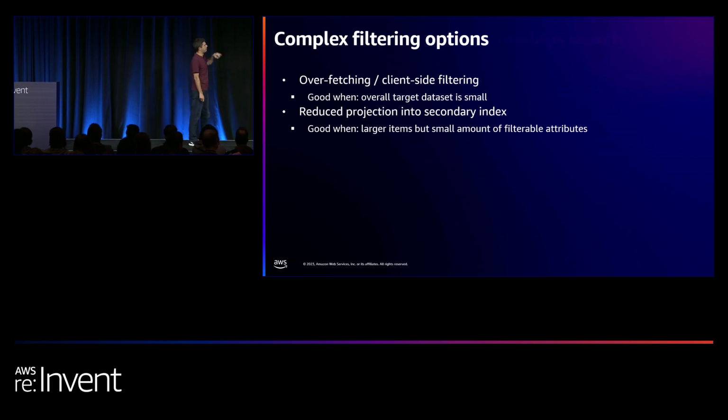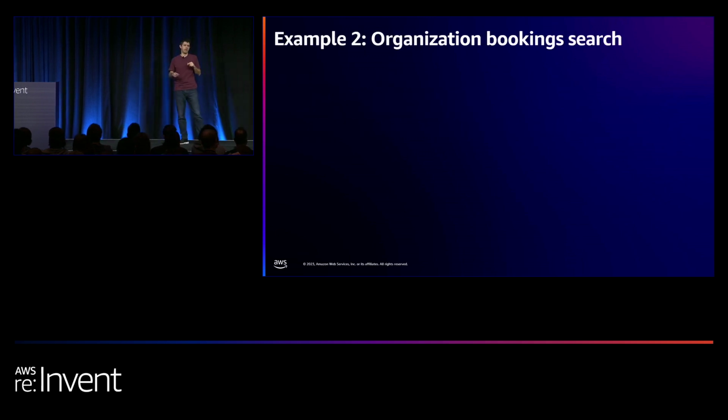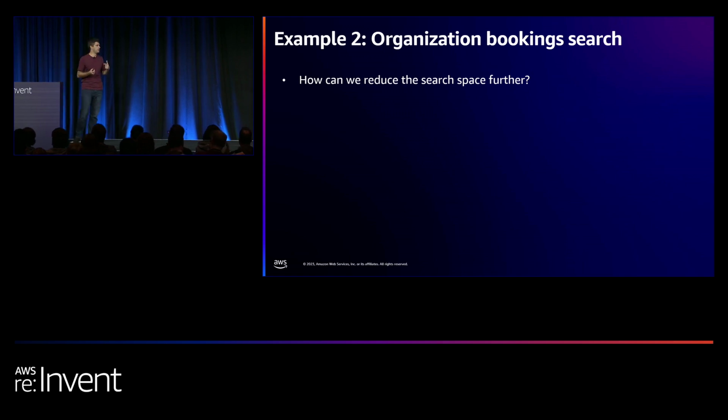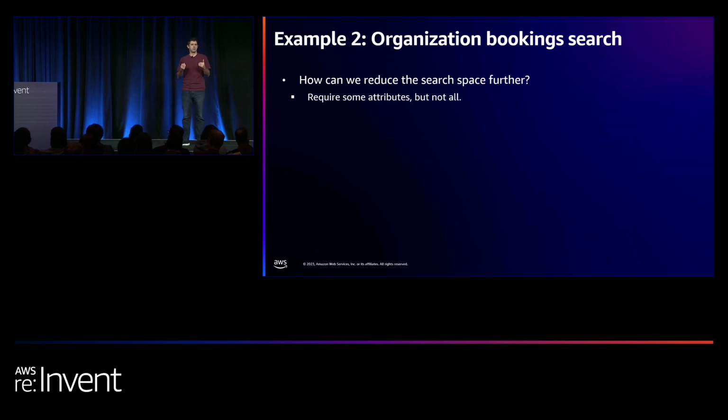And just to extend both of those options, another thing you can do is, how do we reduce this search space even further? I'm talking about that target space you're hitting for a particular complex filtering operation. What can you do to reduce that search space? You can require some attributes, but not all of them. This can help if that attribute you require really does filter down your space, right? So for example, include a date range as a required filter.